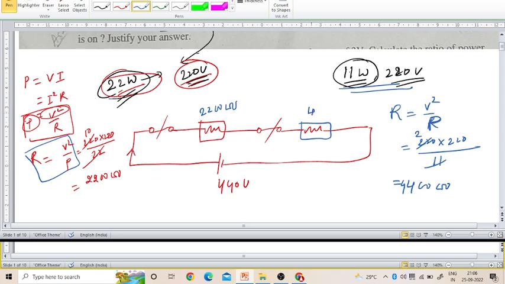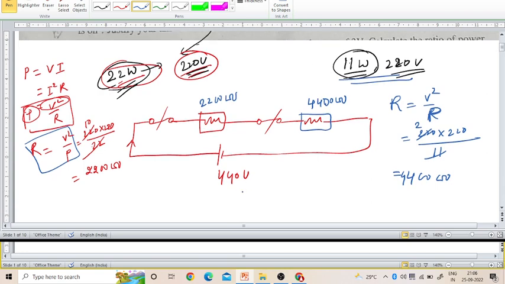So its resistance is 4400 ohm. Now one thing worth mentioning here: we have been given 440 volt, so some voltage will be consumed by this one and some by that one. The maximum voltage each can tolerate is 220 volt.